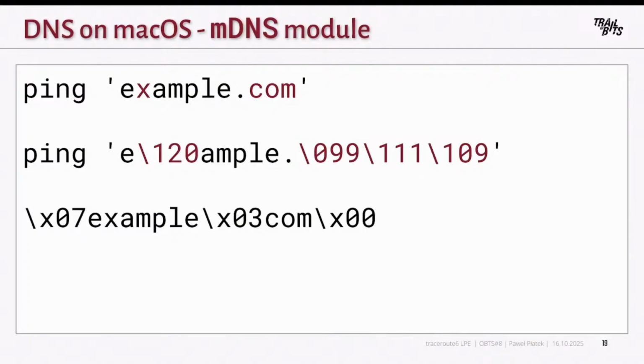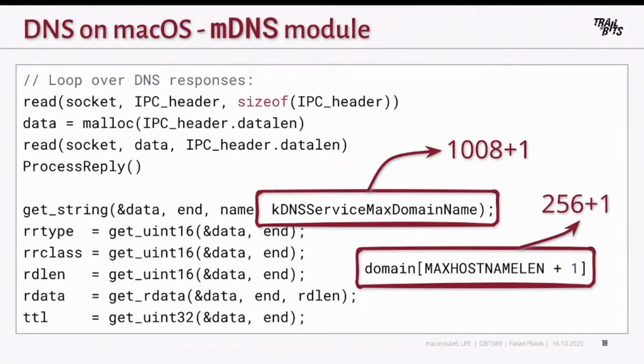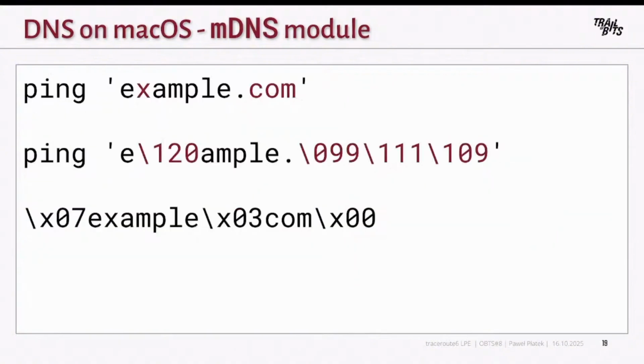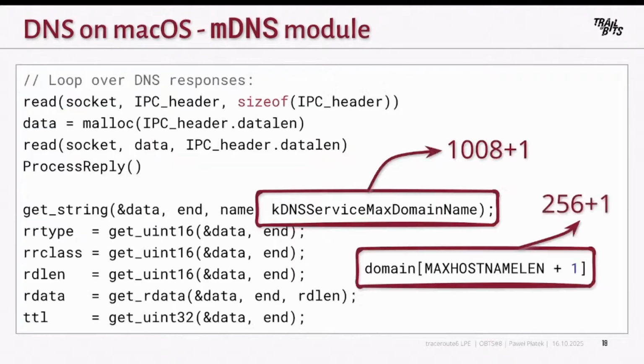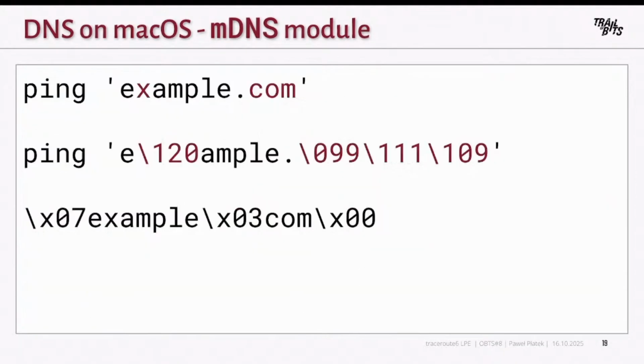So theoretically, the client may read up to 1008 bytes, so it could theoretically trigger the overflow remotely. However, the thing is that the daemon will never send a Unicode encoded domain back to the client. It will always send the domains in wire format. So this is probably a bug in the client, I know. Anyway, it wouldn't be exploitable.